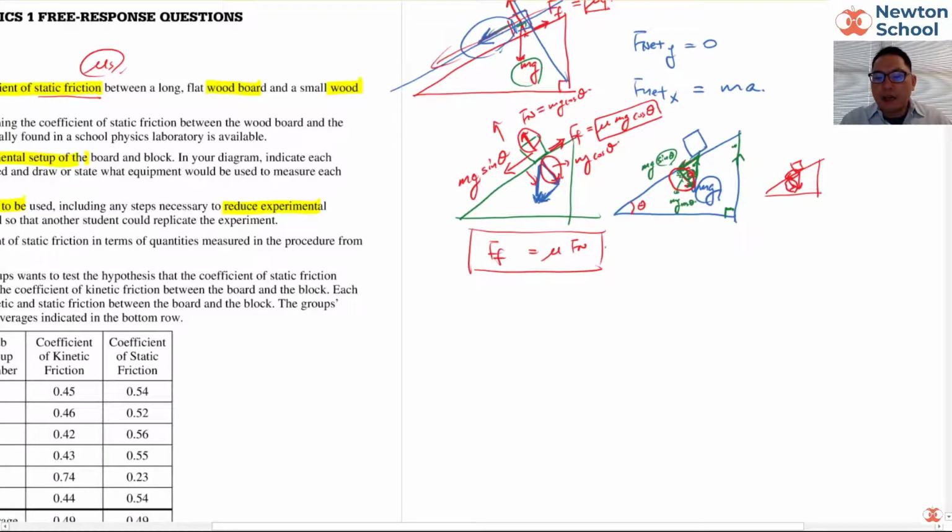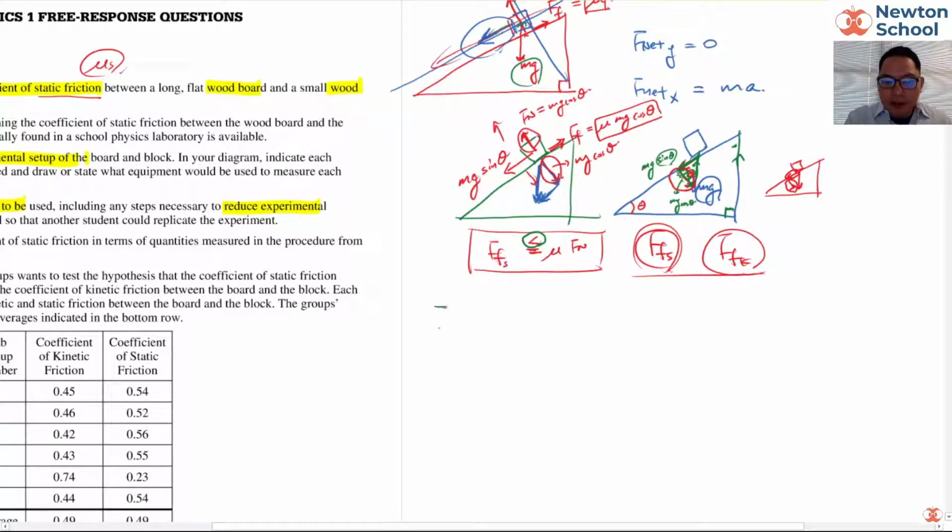But I'll give you another lecture on how to deal with static friction and kinetic friction later. This gets a little tricky in the case of static friction, because in a static friction case, there's actually a less-than-or-equal sign. I'll have to spend another 20 minutes to explain why there's a less-than sign. So I'll just go through this question quickly.